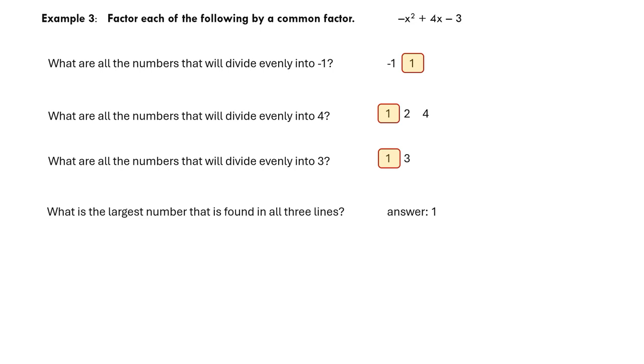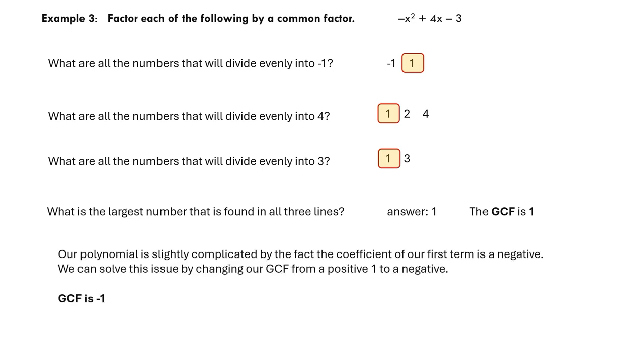Now this is a bit of a twist on what we've been doing, because the negative coefficient gives us a little bit of a problem. We want everything inside our brackets to be as simple as possible.